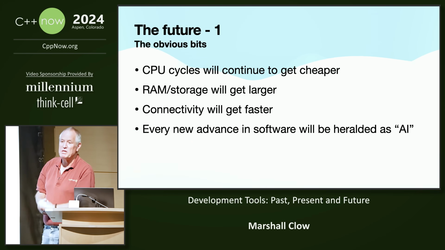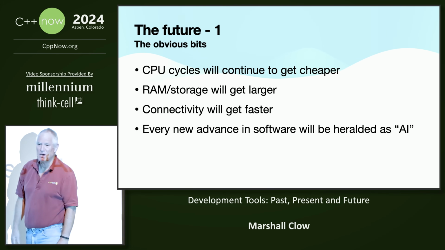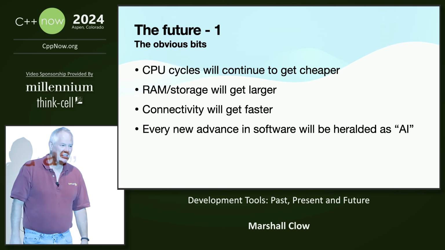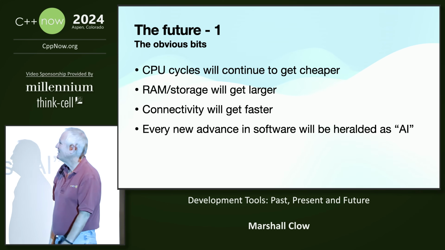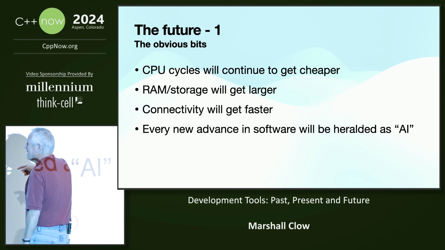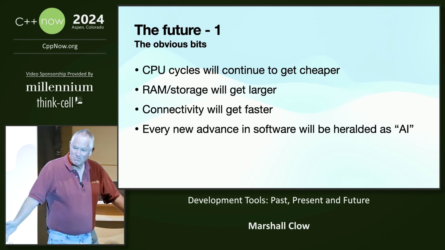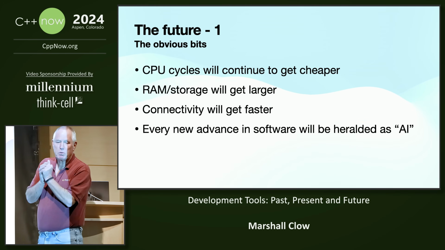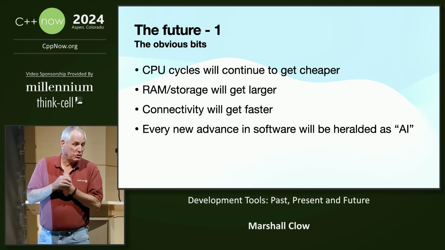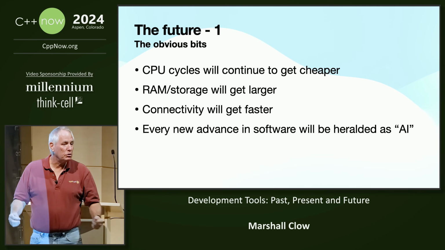Slide 1, the obvious bits, okay? I don't think we need to spend a lot on this slide. These things are duh. Every new advance in software will be heralded as AI. Okay? I have a friend whose brother is a professor at Stanford. He has a grad program for computer modeling.